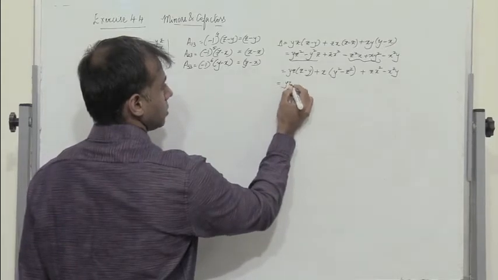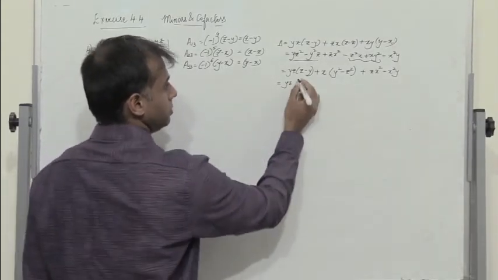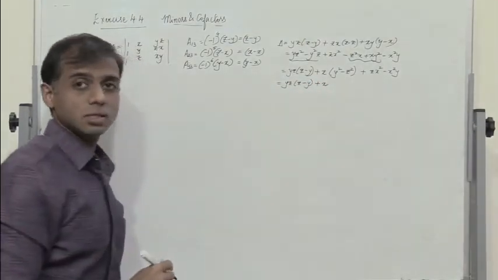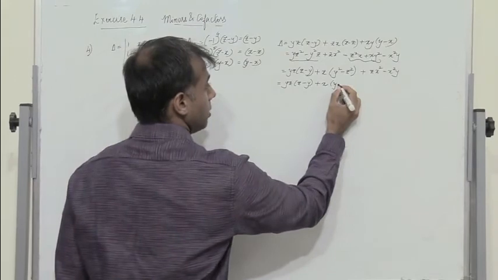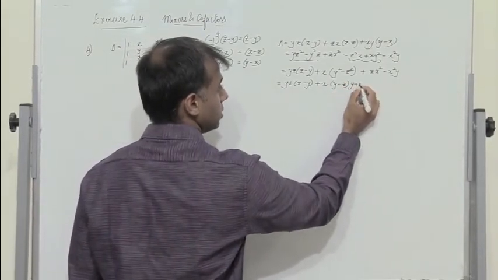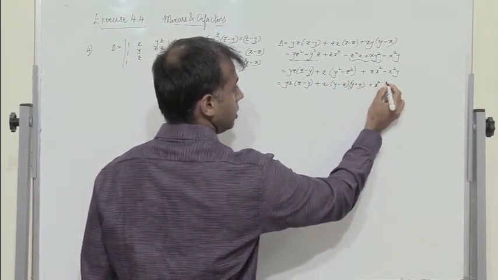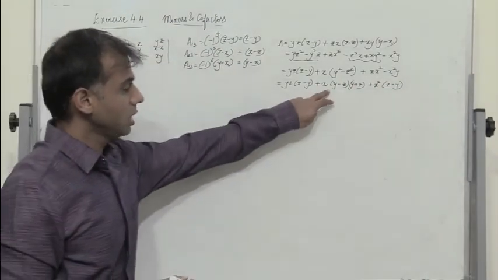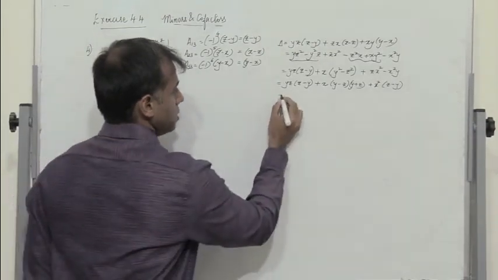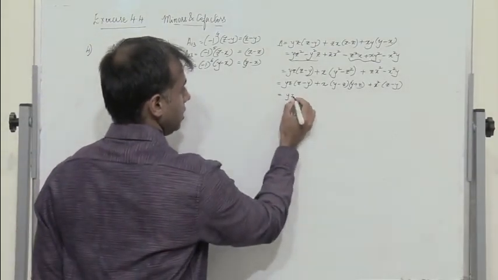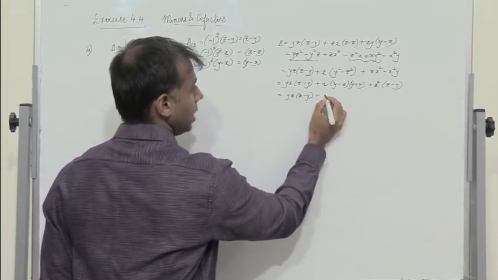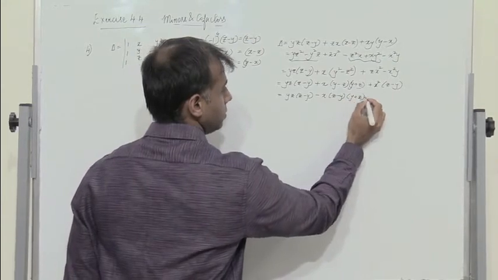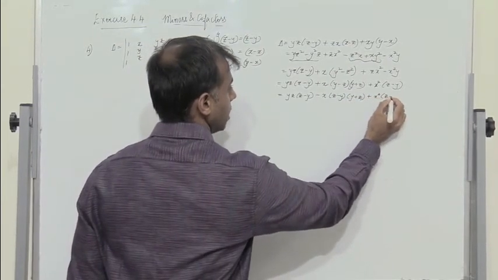So we have yz into z minus y plus x into y square minus z square, which can be written as y minus z into y plus z. Let's take x square common here, so I get z minus y. Let me take the minus sign outside here. If I do that, I get yz into z minus y, minus x into z minus y into y plus z, plus x square into z minus y.